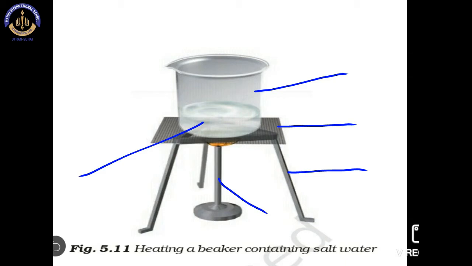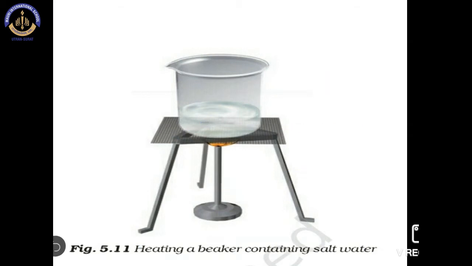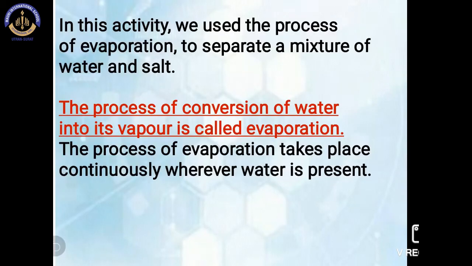If we have no burner, then you can use the gas stove also, with the help of your elders or your parents. In this activity, we use the process of evaporation to separate a mixture of water and salt.